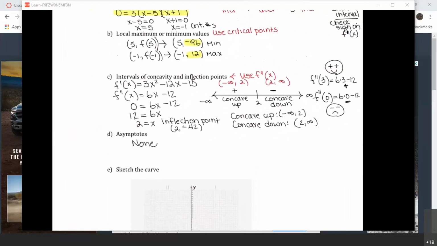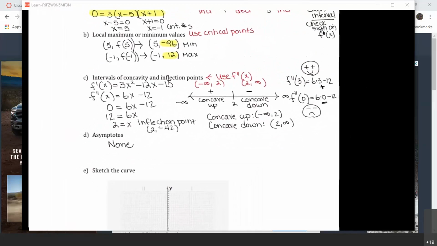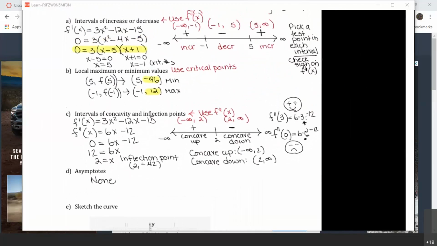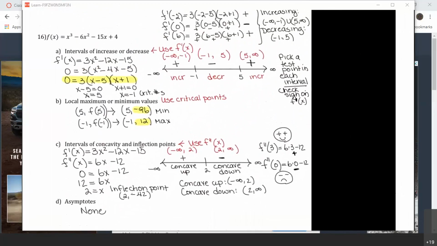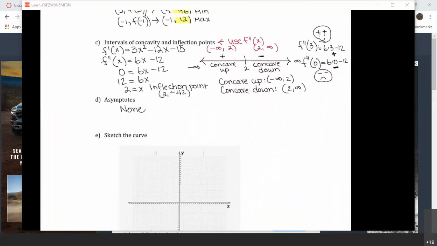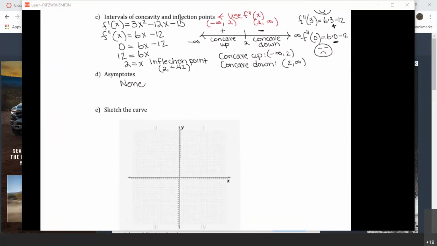Then what I need to try to do is sketch the curve. There is nothing stopping you from graphing this in Desmos and trying to copy the curve, but you actually have enough information to sketch it. We have a local maximum at -1, 12.